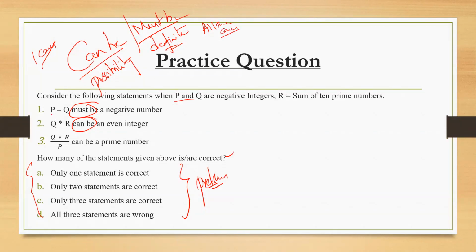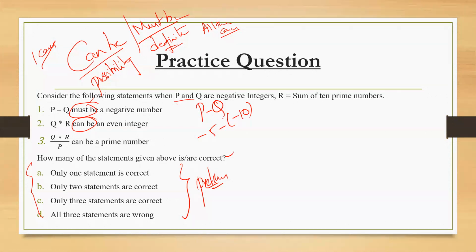So when we talk about P minus Q must be a negative number, what do we see here? That is, if I can just show that when I'm doing P minus Q, I'm getting a positive number, this statement is negated because it has to be true in all the cases, must be. So give me some values here. So -5 minus of -10. Yes. So P and Q are negative integers.